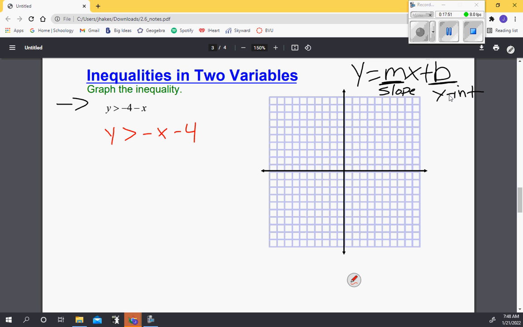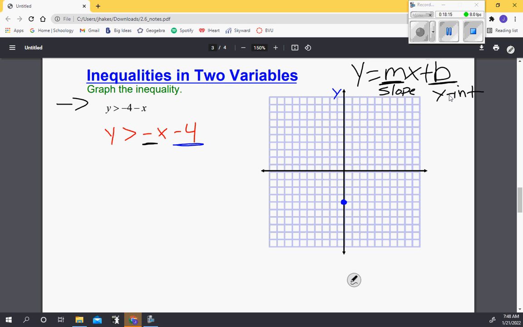Now, we can look at what's our b. Our b is negative 4, so put a point right at negative 4 on our y-axis. 1, 2, 3, 4. Put a point here. And then, what's our slope? Our slope is m, what's in front of x. And there's a negative sign there.